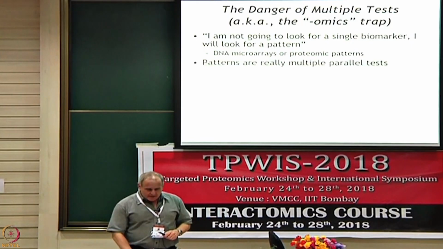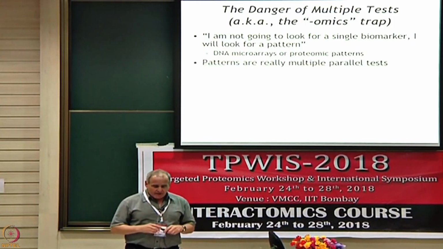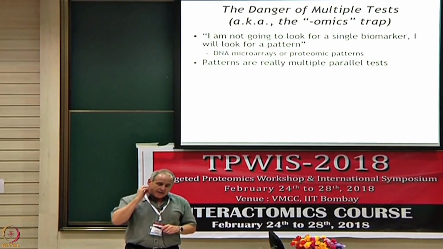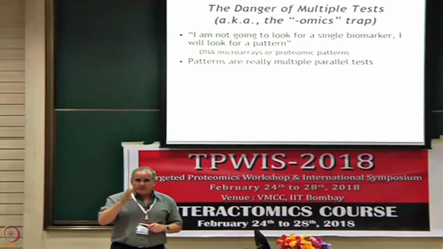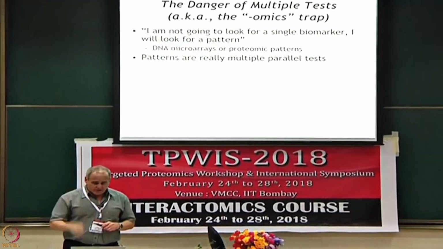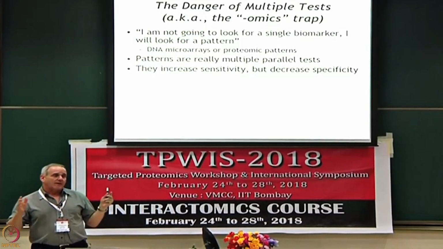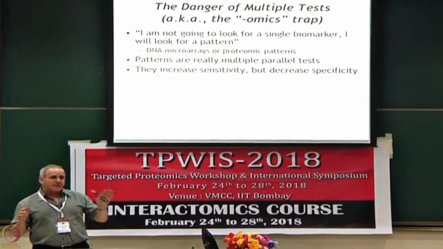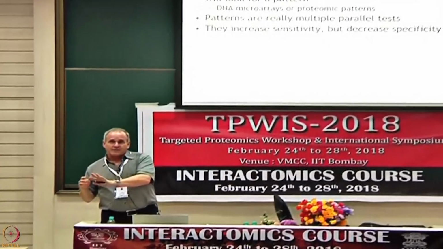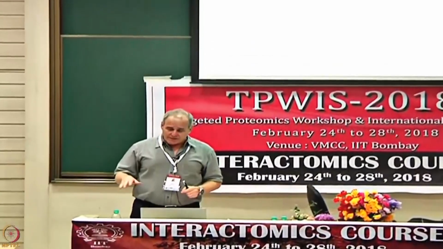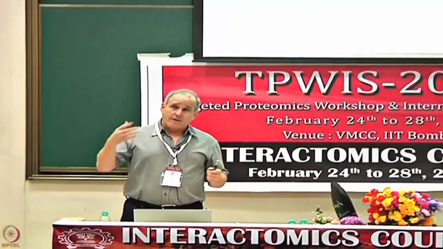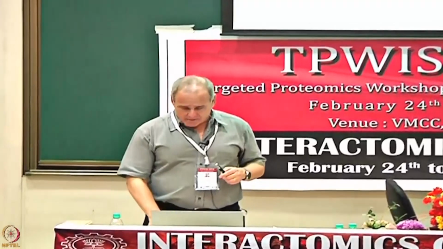They might be doing it on DNA microarrays or protein arrays, but you have to remember that a pattern is really multiple parallel tests. They're doing a bunch of different molecular statistical studies. By doing multiple tests, they increase sensitivity because each test has a chance of being positive, but they reduce specificity because you have a higher rate of false positives, right?